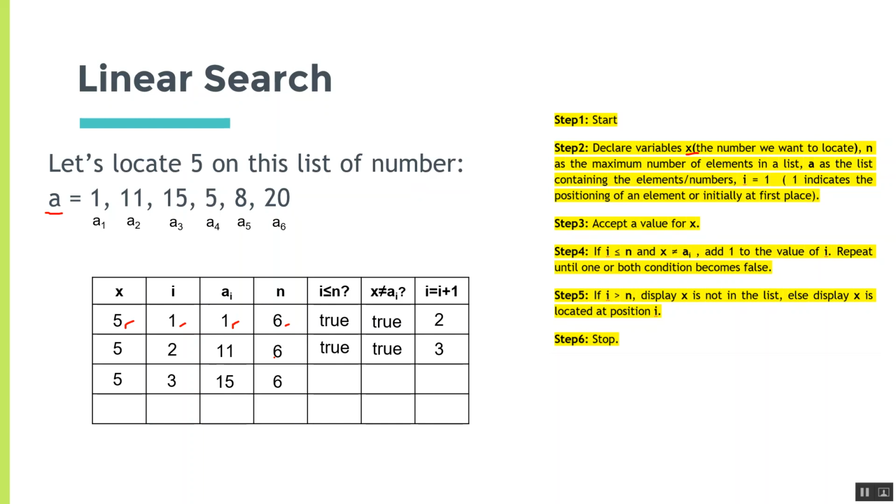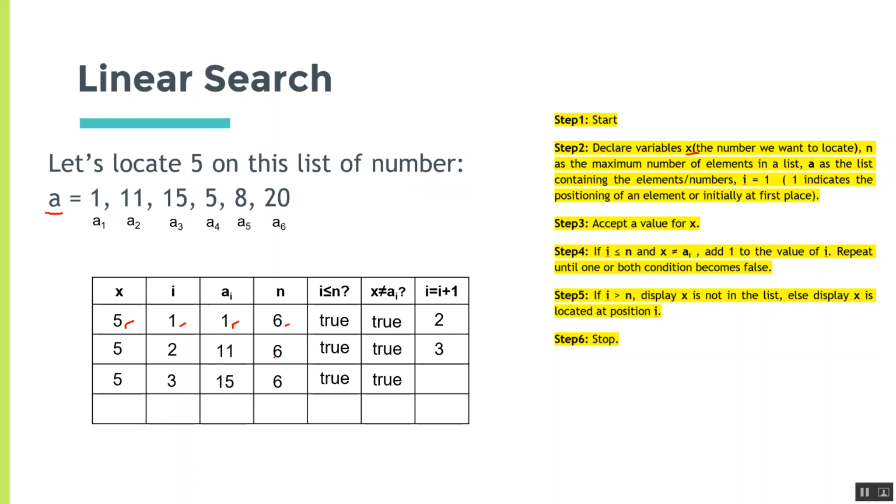Okay? So this is true. And then is x, which is 5, not equal to a sub i? a sub i is 15 and the number that we're looking for is 5. So it's still not the number that we're looking for, so we still need to look at the other numbers, since i is not yet greater than n. We still have numbers to search.